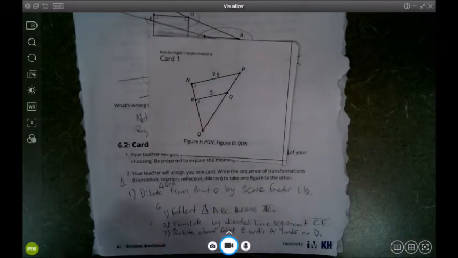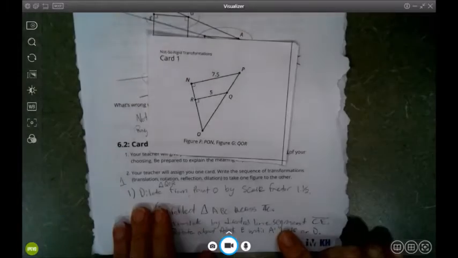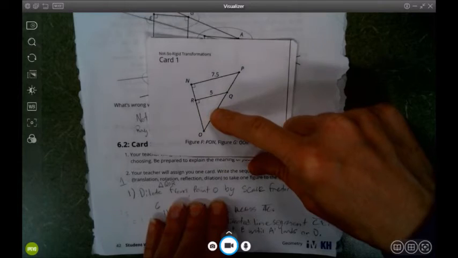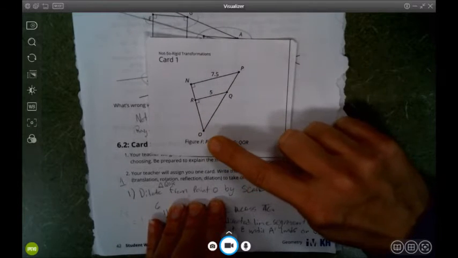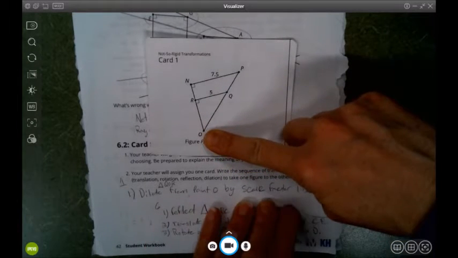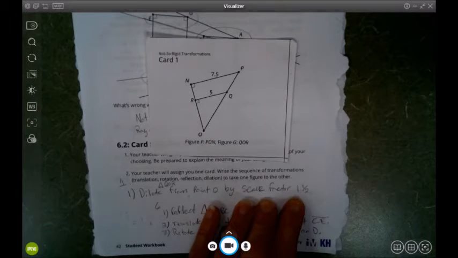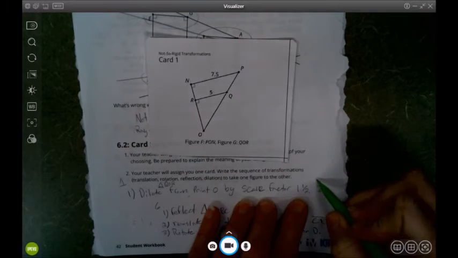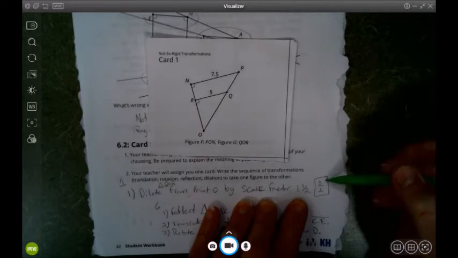And Kaden and Cheney said we're going to dilate triangle QOR, so the small one, from point O, meaning that our center is point O, by a scale factor of, and it is perfectly fine to put 1.5, but it is also better sometimes to leave it as an improper fraction 3/2.